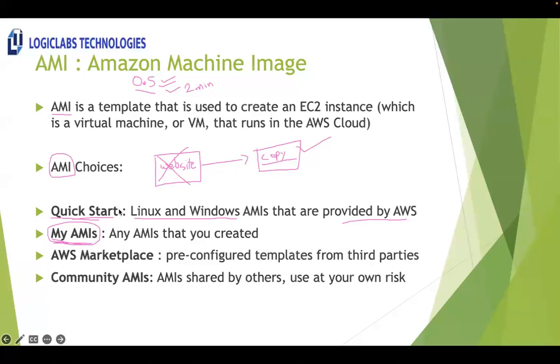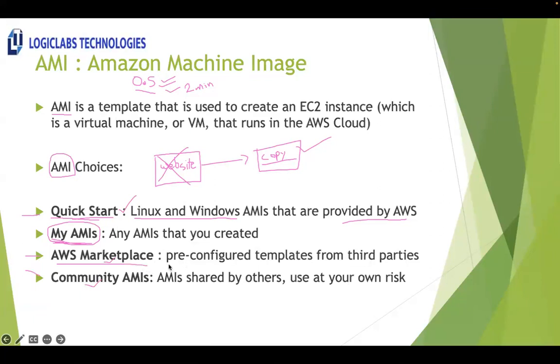The second, third and fourth options are for public, but My AMI is for private organization use. Okay. Now, third, AWS Marketplace.